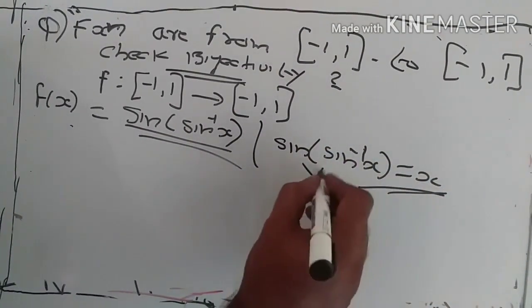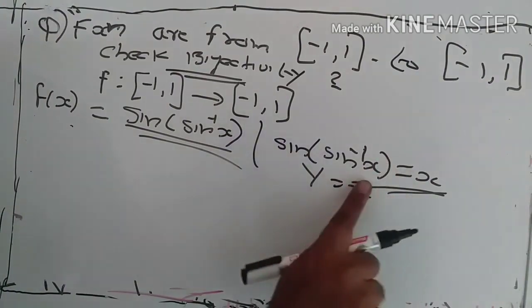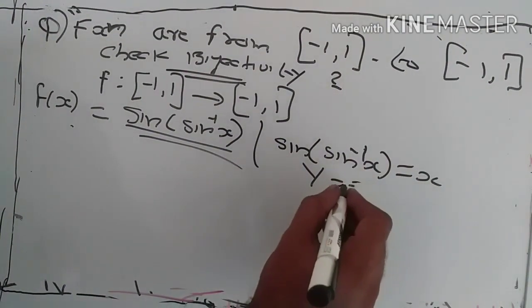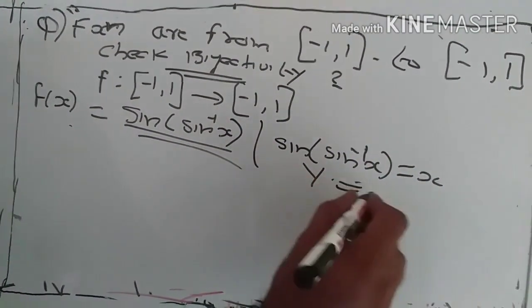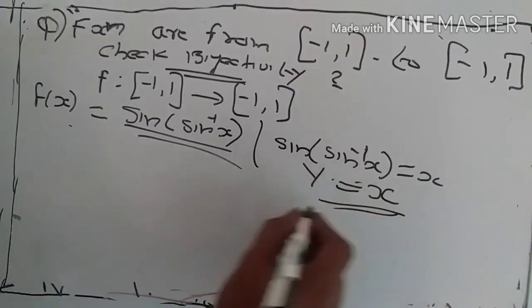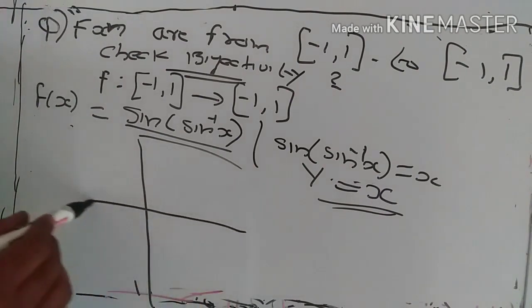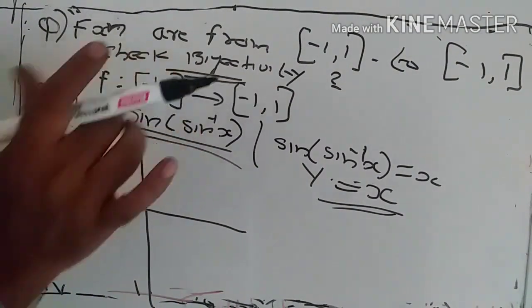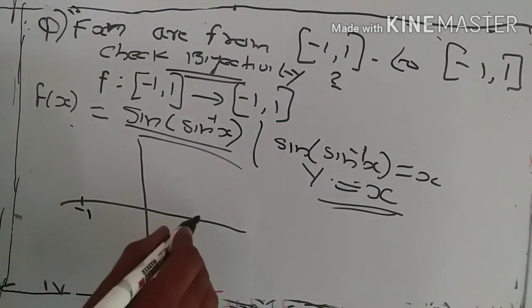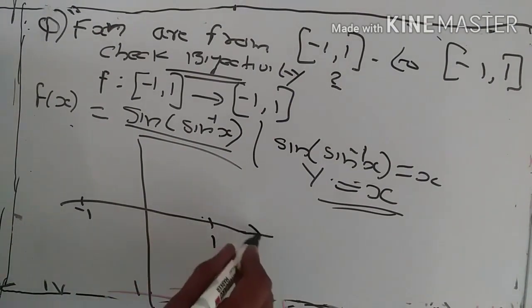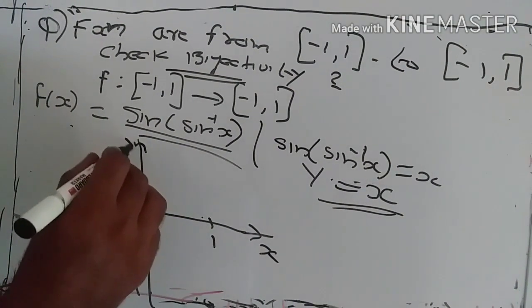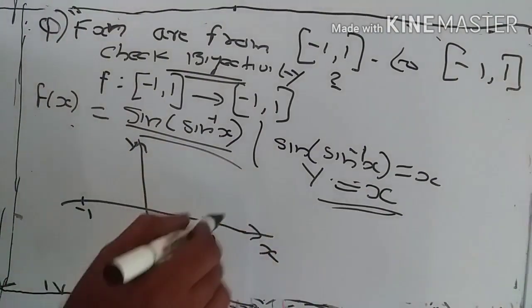This implies y is equal to x. Now draw the graph of y is equal to x for this interval from -1 to 1. When x is equal to 1, y is equal to 1.